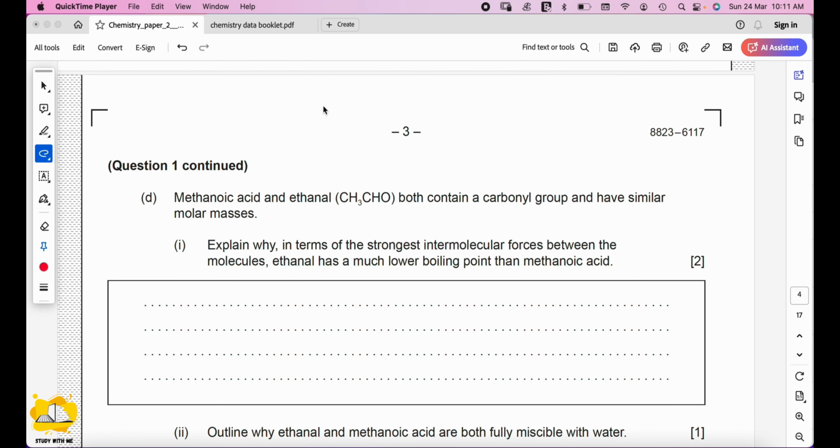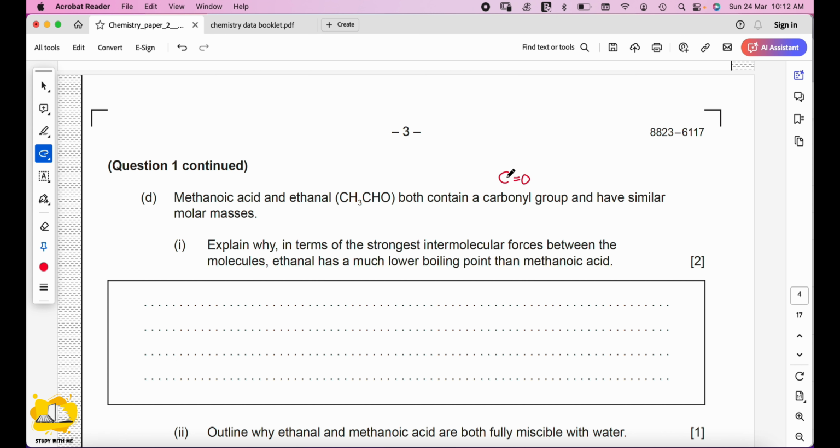Okay, for D, methanoic acid and ethanal both contain a carbonyl group and have similar molar mass. When talking about a carbonyl group, it's C double bond O. Explain why, in terms of the strongest intermolecular forces between the molecules, ethanal has a much lower boiling point than methanoic acid.